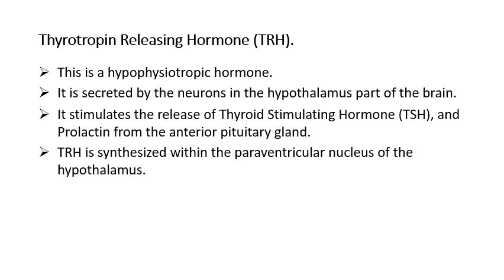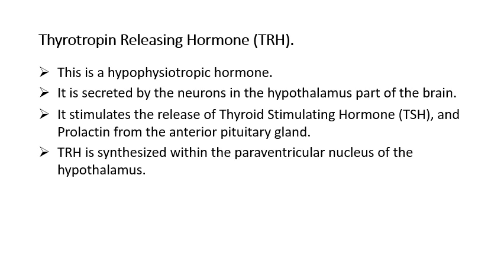Thyrotropin releasing hormone, TRH. Now the name itself suggests its function. This is a hypophysiotropic hormone. It is secreted by the neurons of the hypothalamus like any other neurohormone, and its main function includes the stimulation of the thyroid stimulating hormone. I mean, it stimulates the pituitary gland to secrete TSH, that is thyroid stimulating hormone, and also the prolactin hormone.